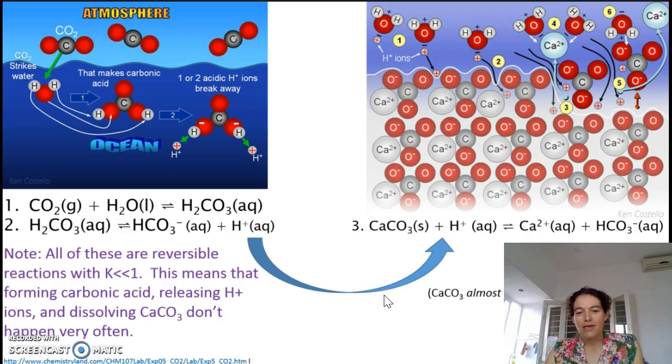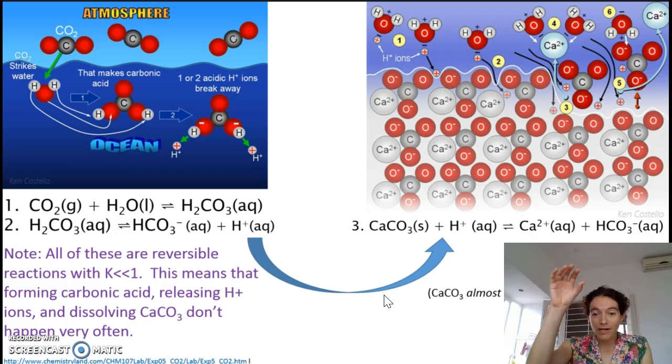And the one thing I want you to understand is that these are reversible reactions, but really, they don't actually happen all that much. All of these have K much less than 1, which means that their ratio of products is much smaller compared to the reactants.